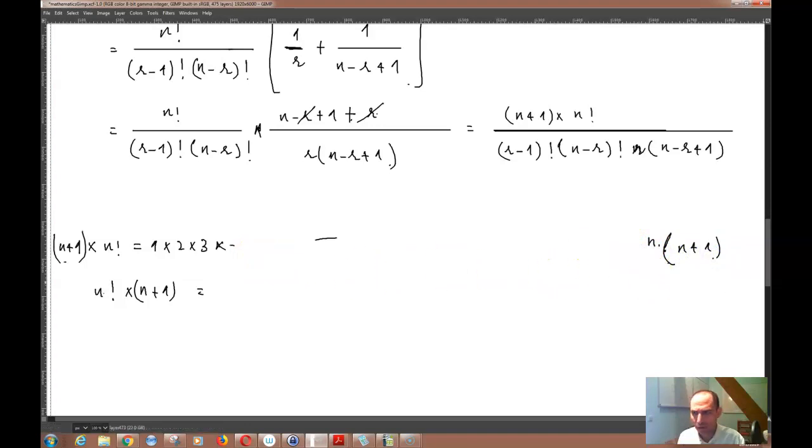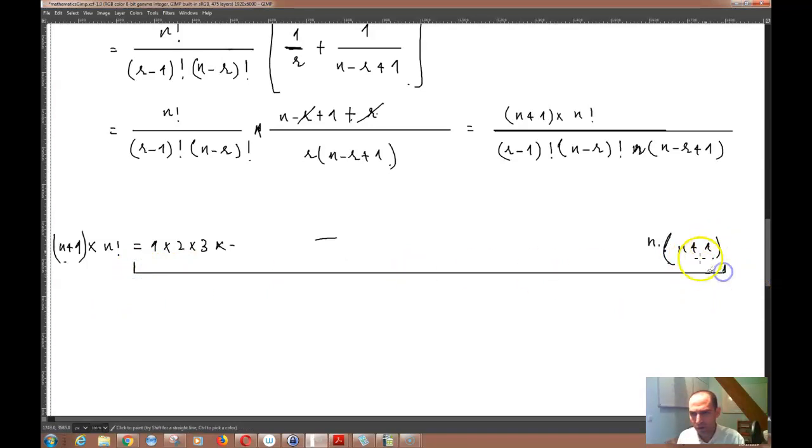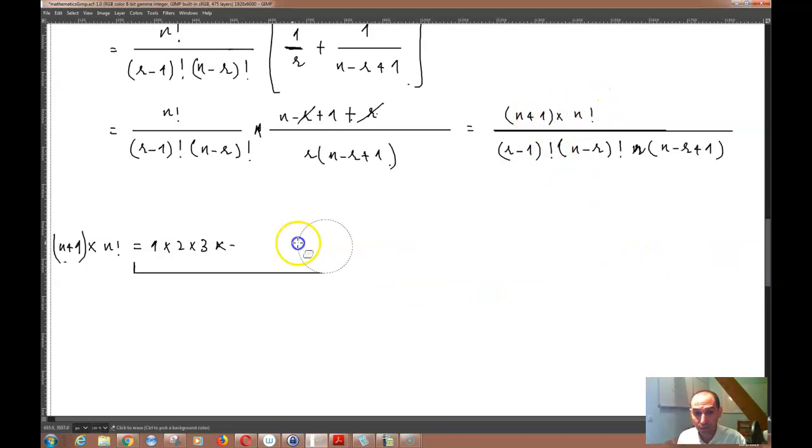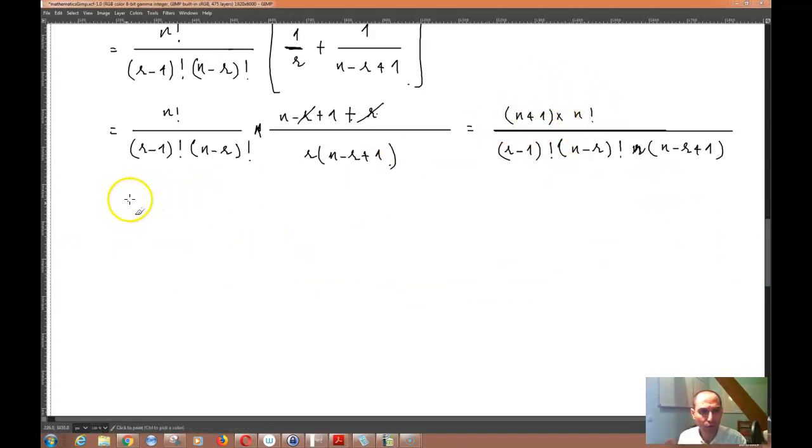So all of these terms multiplied together is n plus 1 factorial. So n plus 1 times n factorial, I can write as n plus 1 factorial.